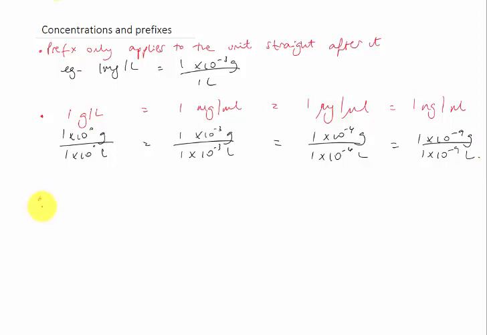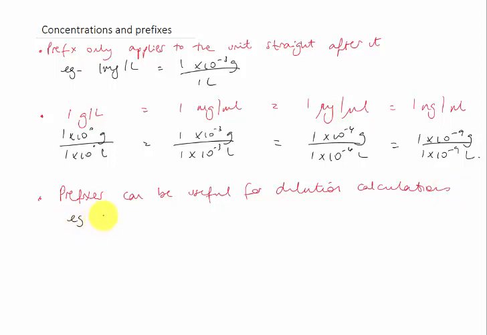And the final thing I want to say about prefixes and dilutions is that they can be useful for doing those kind of in your head dilution calculations, specifically when you are diluting things 1,000-fold.